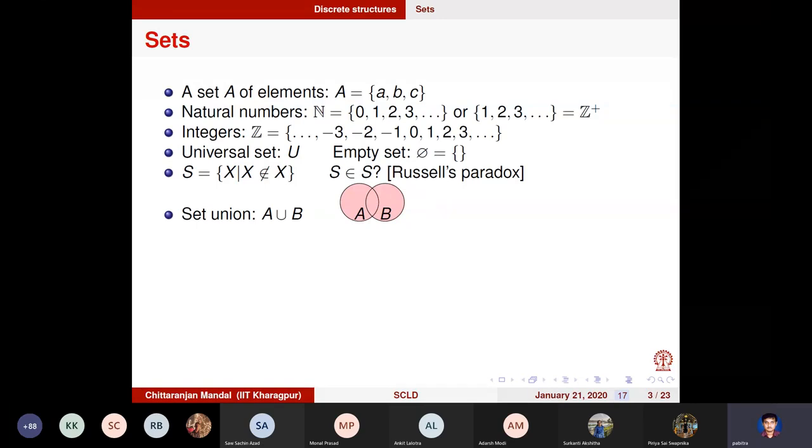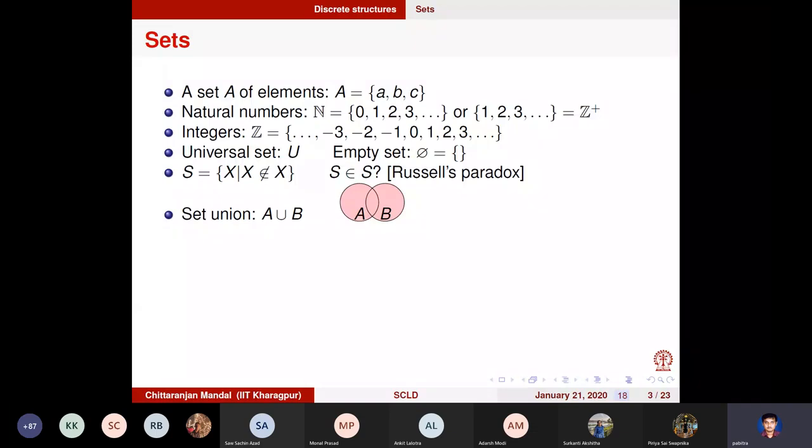Okay, but assuming that there is a definition of a set, what we are interested in is set operations. That means given 2 or more sets, I want to produce a third set. Say you are given 2 sets A and B. I want to produce a third set by operating on these 2 sets.